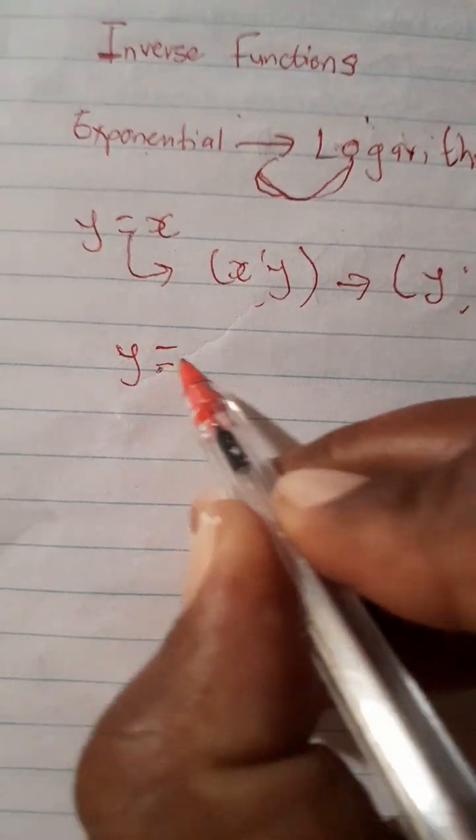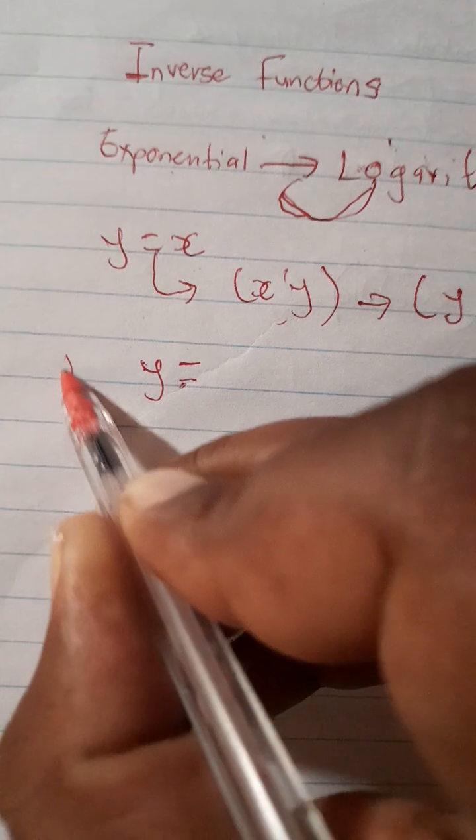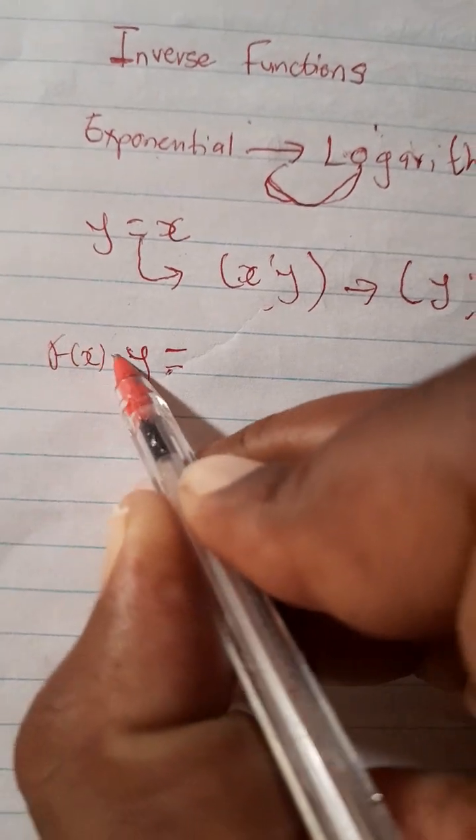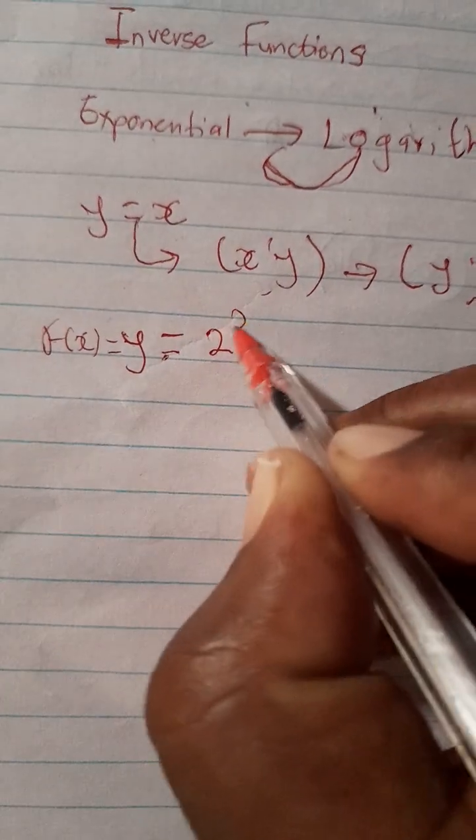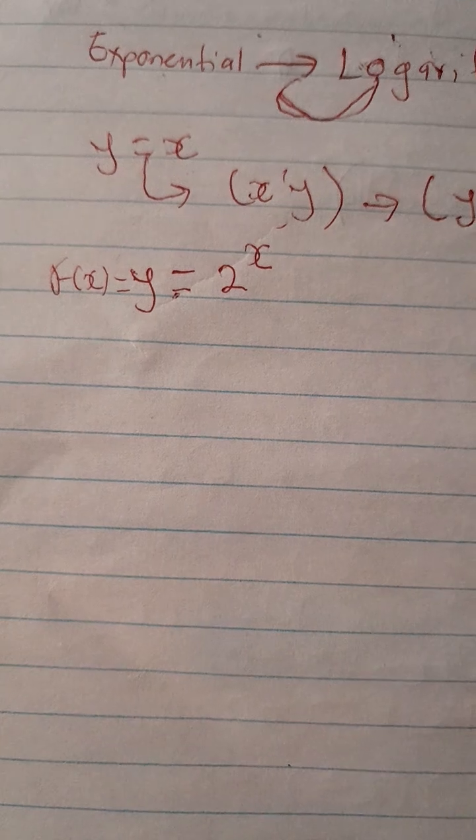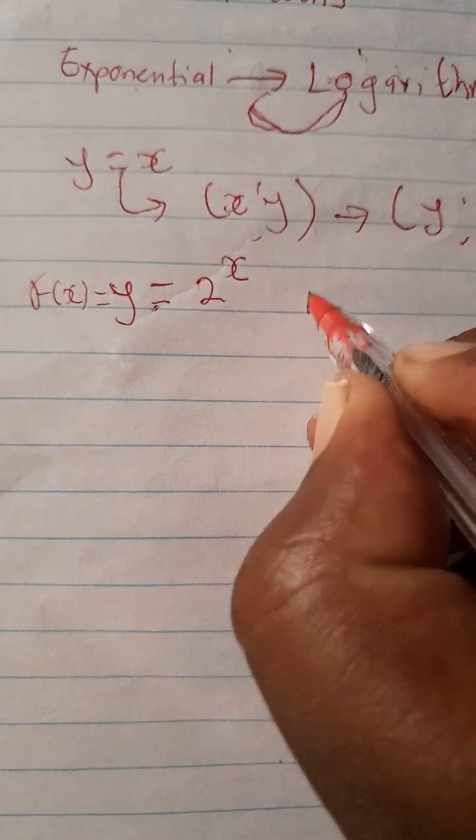Consider you're given, let's say, f of x, which is similar to y equals 2 to the power of x. You are required to determine the inverse.